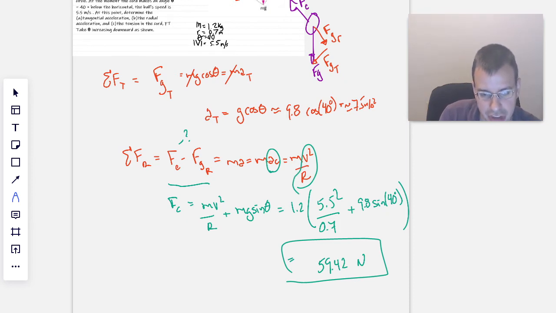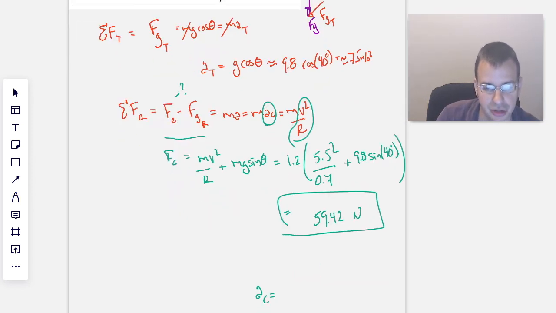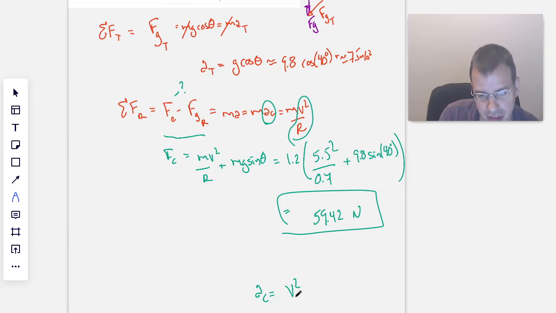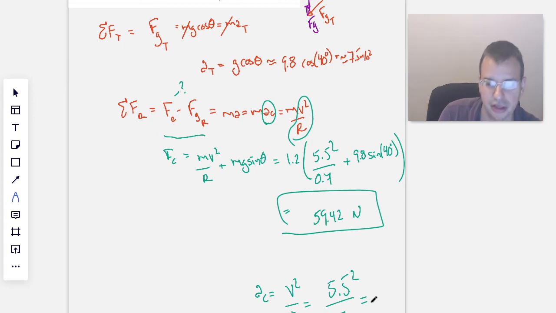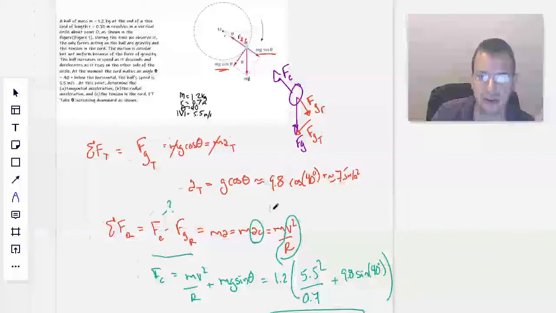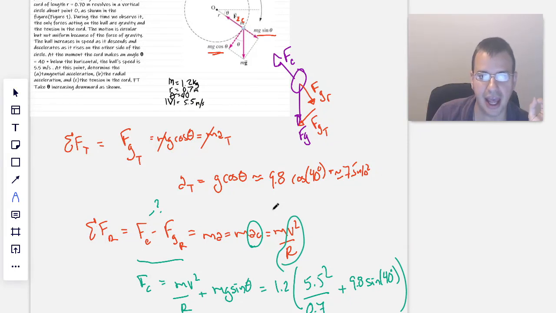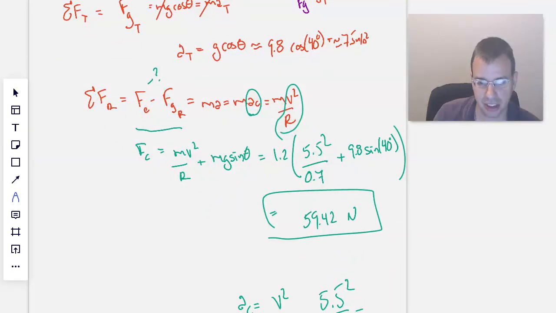So centripetal acceleration equals v squared over r, which is 5.5 squared over 0.7. We have uniform circular motion, and the radial acceleration for uniform circular motion is always going to be your centripetal acceleration, i.e. the v squared over r.